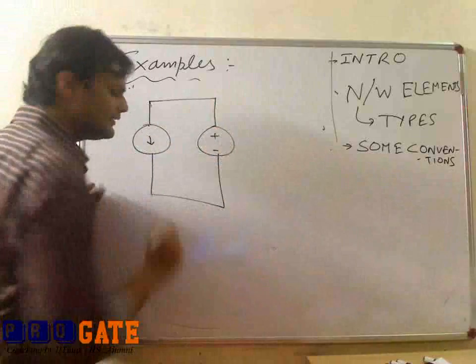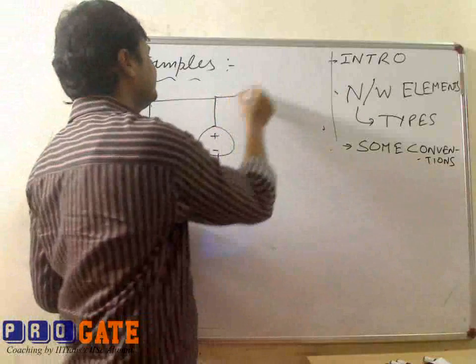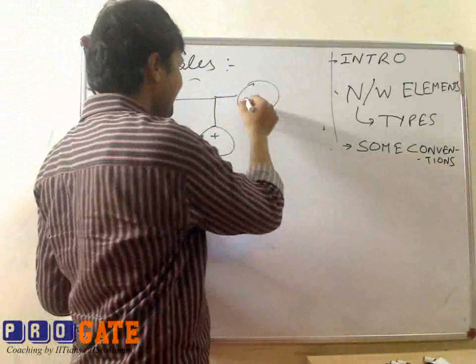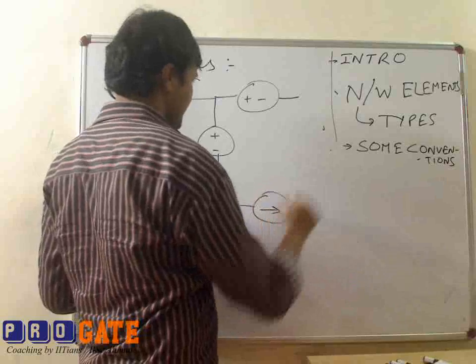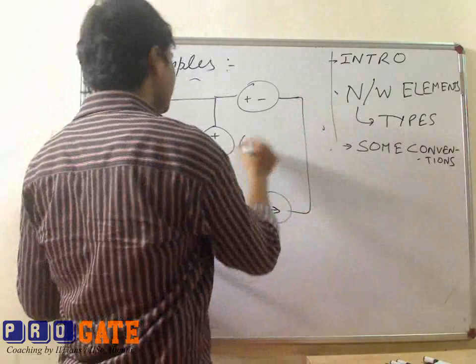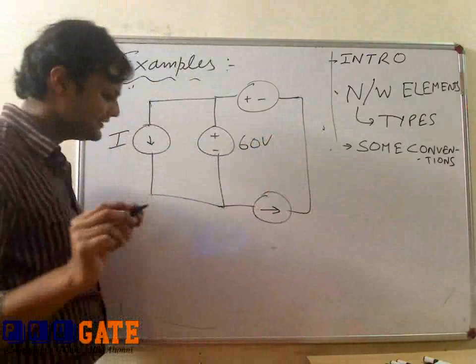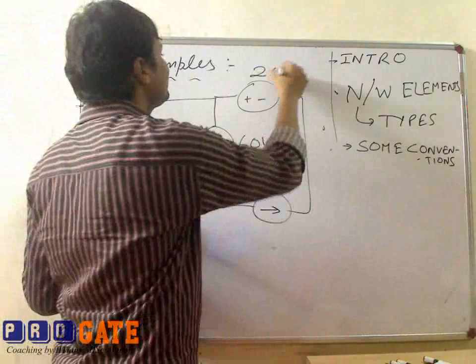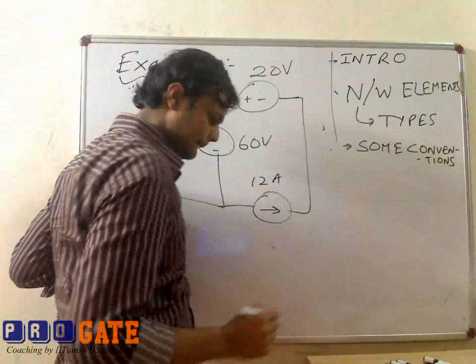Again, this is simply an interconnection of ideal sources. This is of 60 volts. This is an unknown I ampere current source. This is 20 volt and this is of 12 ampere.